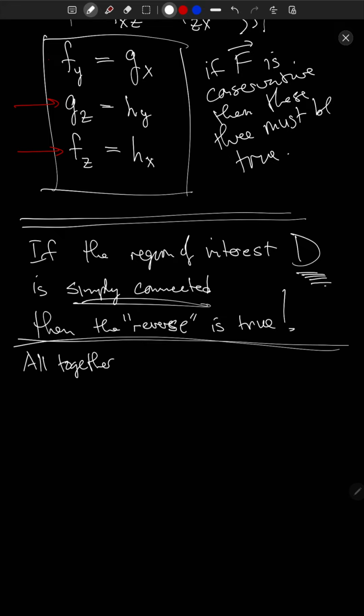We're not going to discuss this, but if you become a math major and take an algebraic topology class, or maybe differential topology, this would be something you'd talk about.